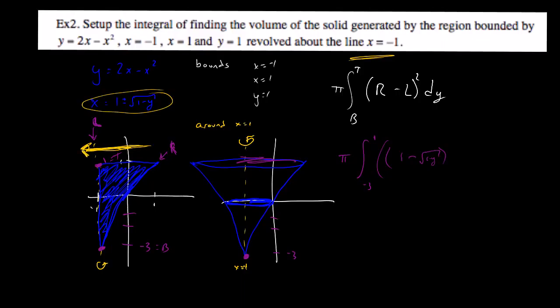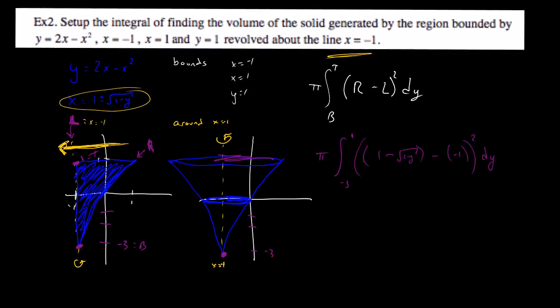So that's our right function, and we're going to subtract off our left function, which happens to be the line x equals -1. Oop, there's supposed to be a negative sign there. I apologize. So we know our left function is -1, and we square it, and we know we're in terms of y.